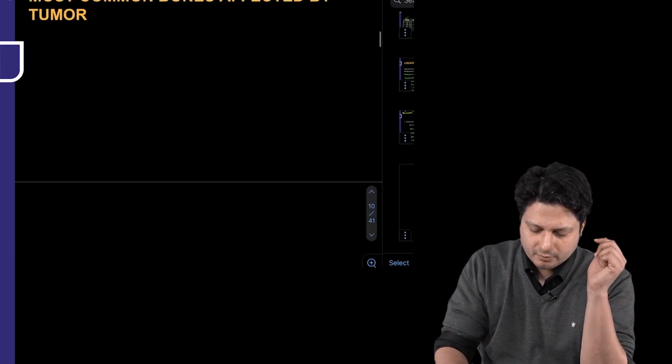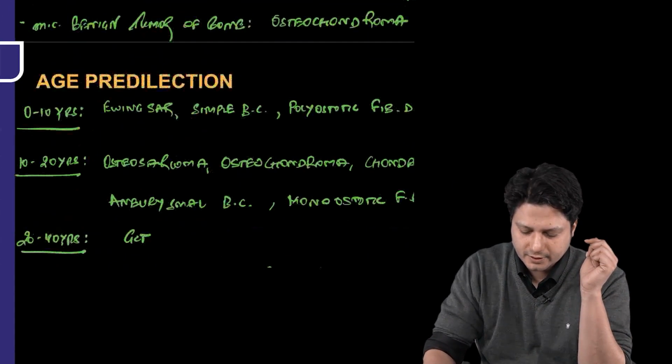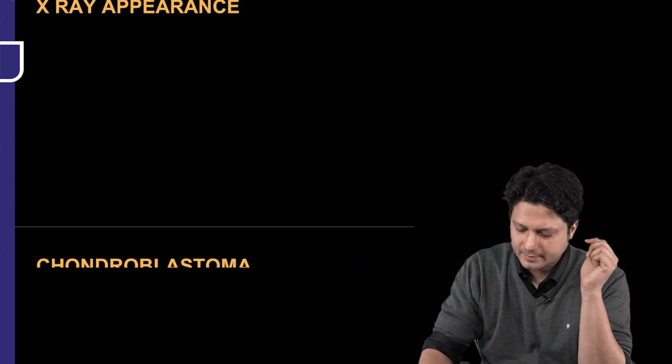Most common bones to be affected, we have already talked about. Radio-resistant tumors we have talked about. Now comes the X-ray appearances.